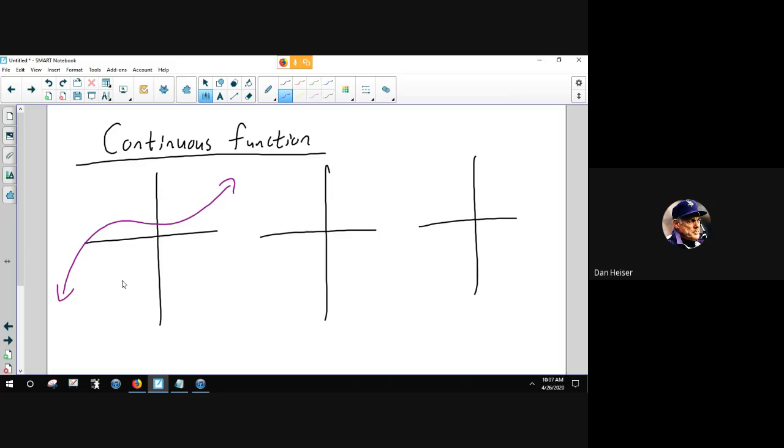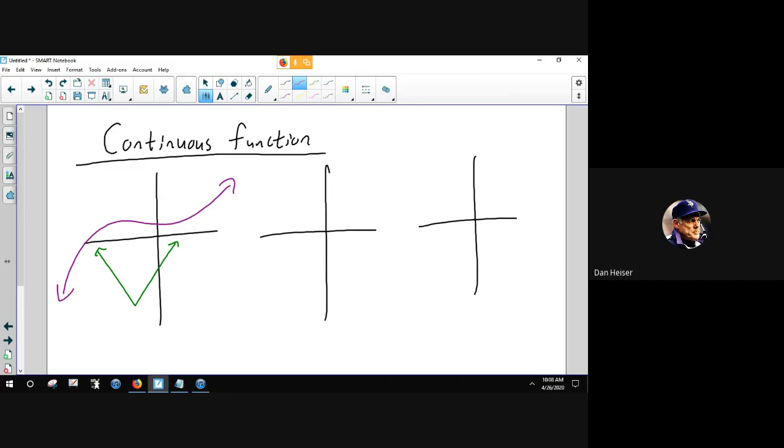I know it's continuous because if I take a pencil, I can trace the entire path without lifting the pencil up. Here is another continuous function. I just trace the entire path in one smooth motion without having to pick up my stylus.